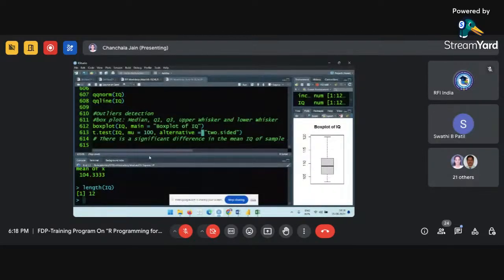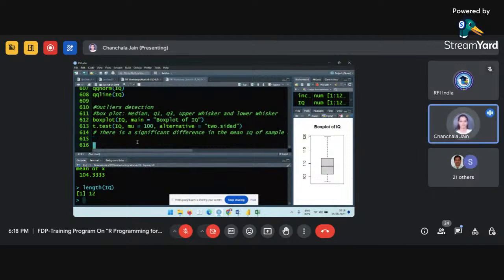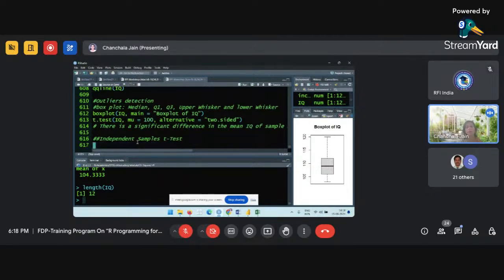Yes, ma'am. Sure. Now we will talk about independent samples t-test, right? In that case, I already explained you, we need to have two variables, one categorical with two groups or two labels, and one continuous scale variable. So suppose here my dilemma is I am an academician.